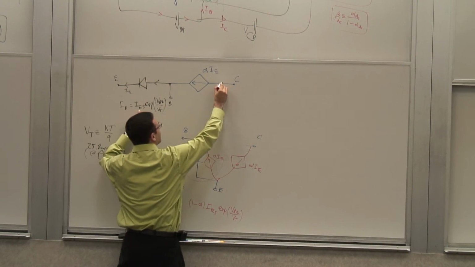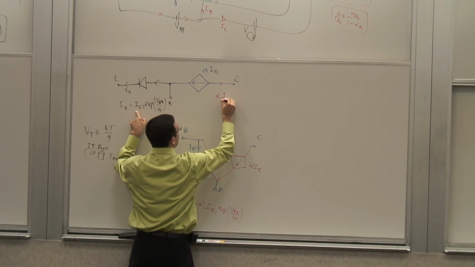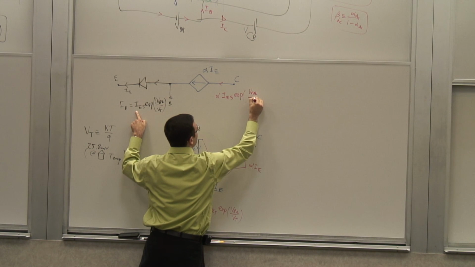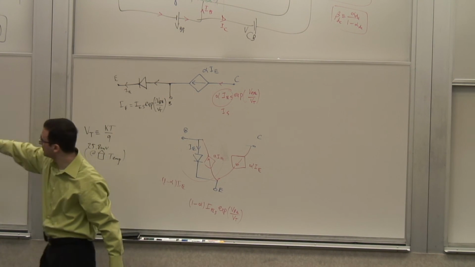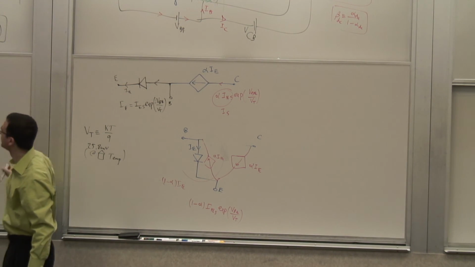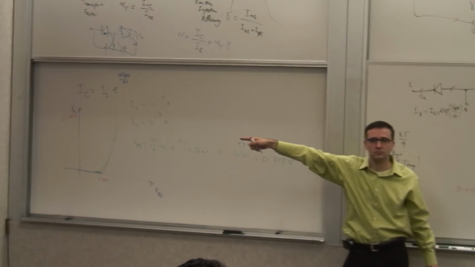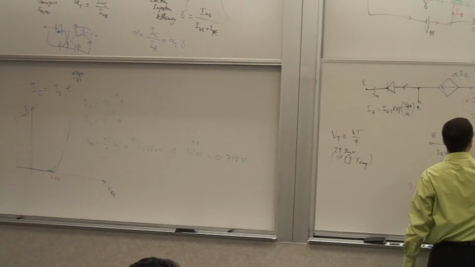What is IC in terms of VBE? It is alpha times this, which is IES, e to the VBE over VT. Now, this thing is my former IS. Right? I had it somewhere. So that's by definition IS. So IS is alpha IES.